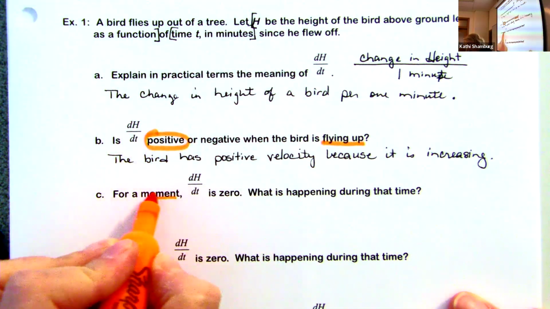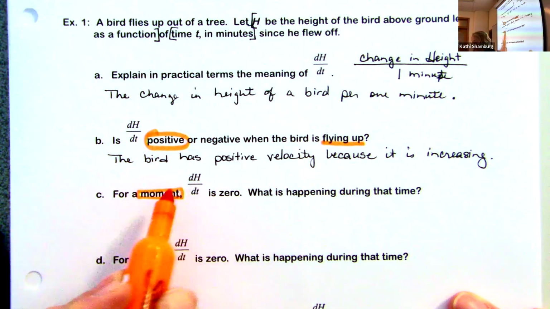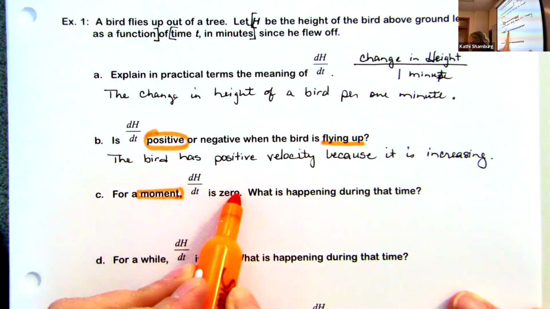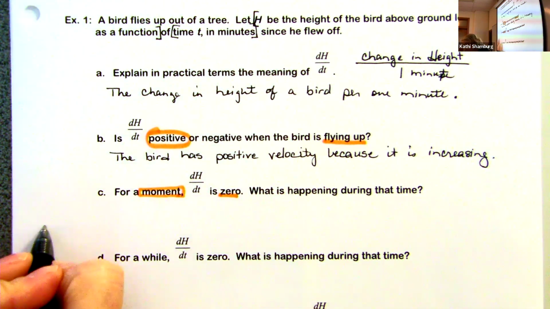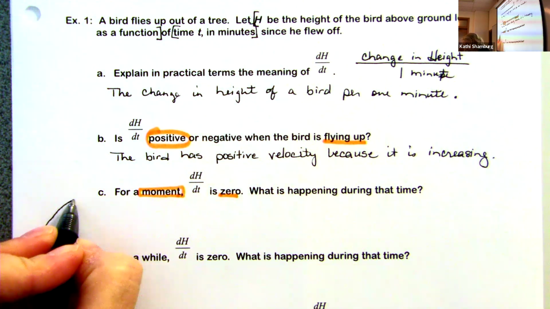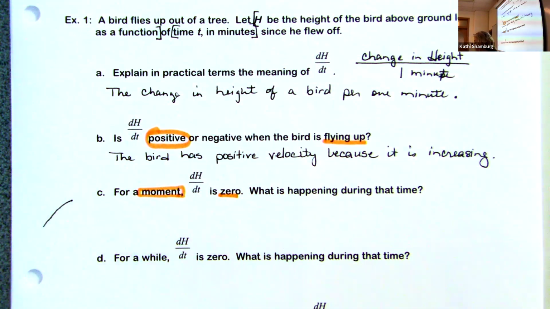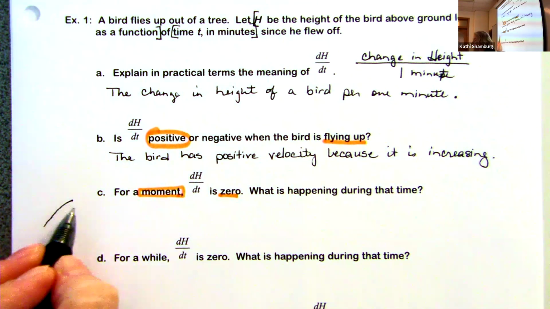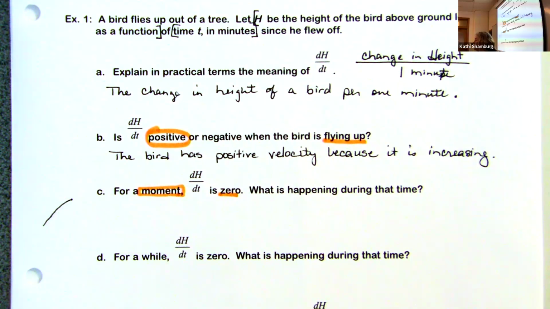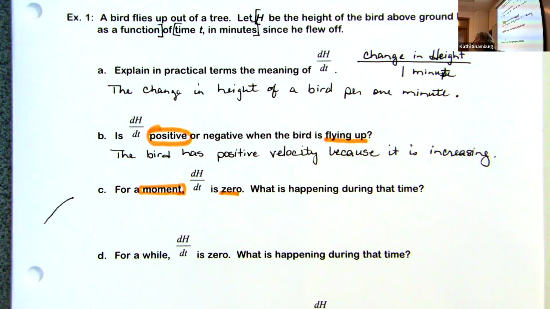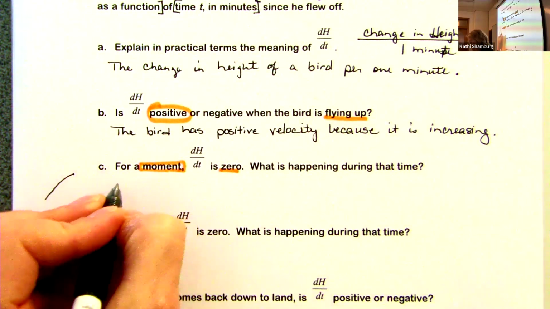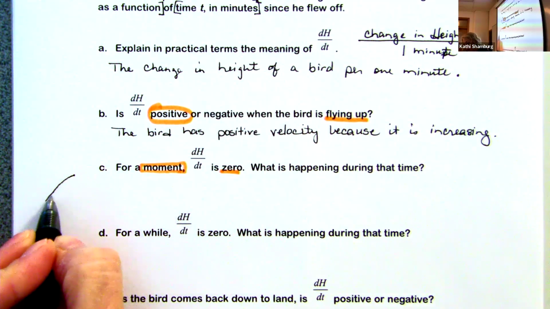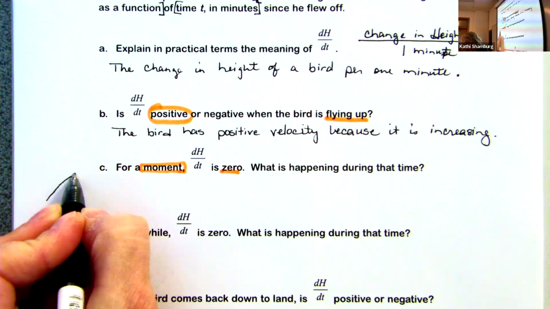For just a moment, the change in the height per minute is 0. So our bird is flying up, then just for a moment it's 0. What do you think is going on then? If it's just for a moment 0, what do you think the bird's then gonna do? Change direction. Yeah. So now, if we're flying up, what has the bird reached right here?